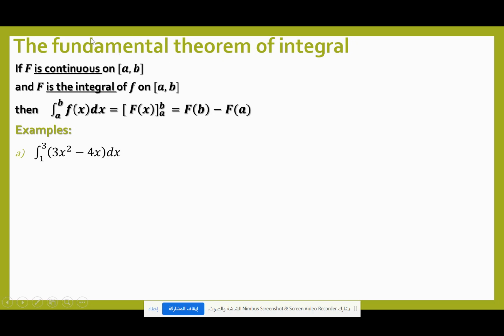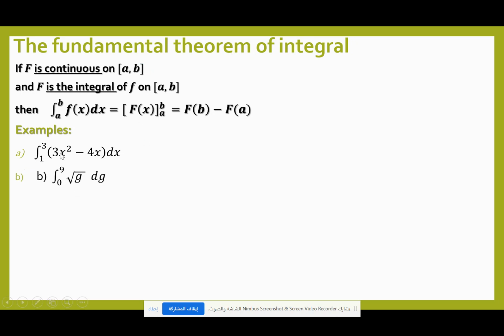My answer is that you have to always use the fundamental theorem for sure. But if the question says to solve it by using the definition, you will use the limit when n approaches infinity of the summation. So now let's use the fundamental theorem for all.